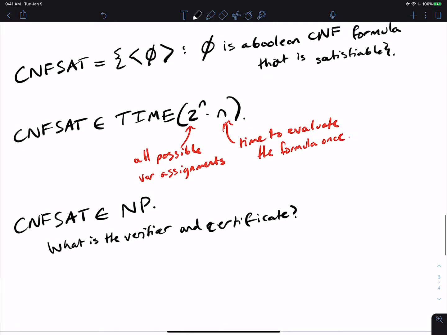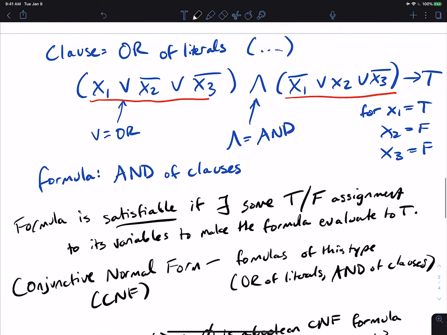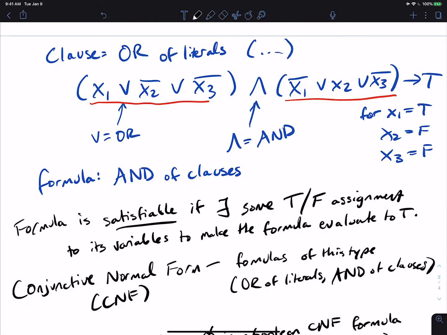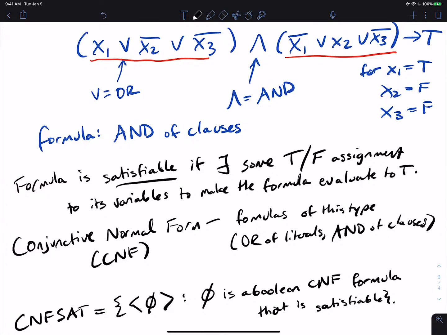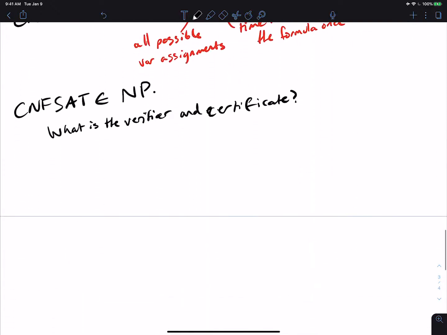What would be a convincing argument for this formula, whether it evaluates to true or not? Well, the proof would be just giving you the variable assignments. If I give you all the variable assignments, then you could verify whether or not it evaluates to true. So the certificate here is the variable assignment. And what does the verifier do?